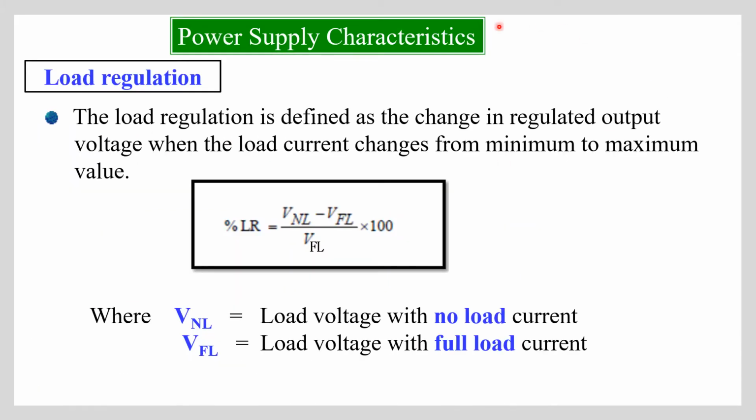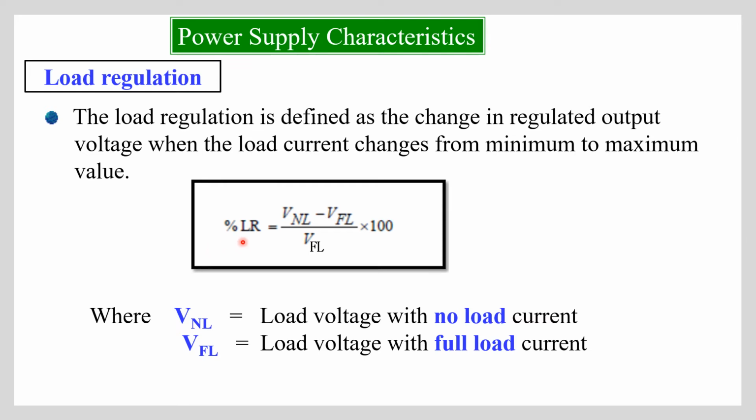So let us see the characteristics of a power supply. The first characteristic is load regulation. Load regulation or load effect is defined as the change in regulated output voltage when the load current changes from the minimum to the maximum value. It is given in percentage.